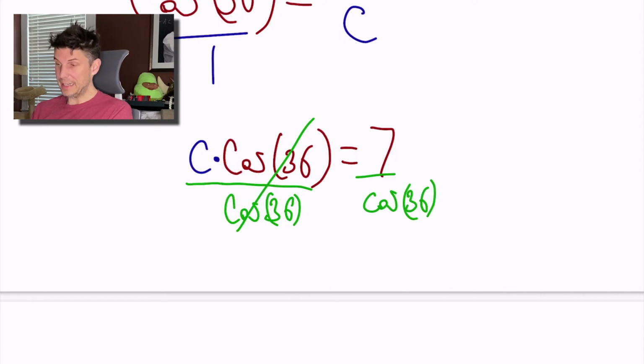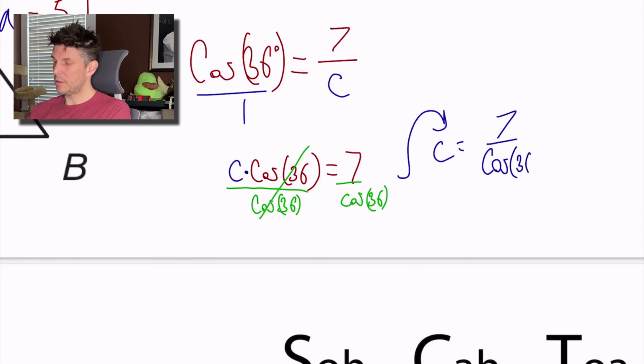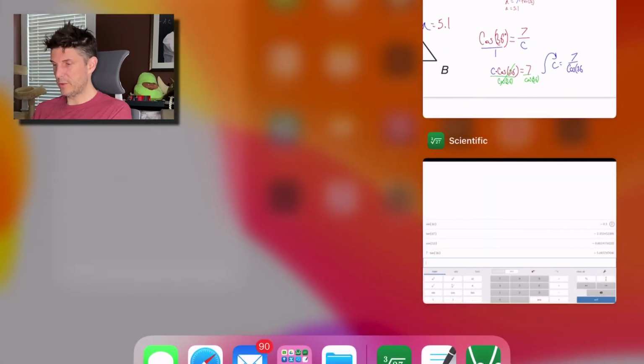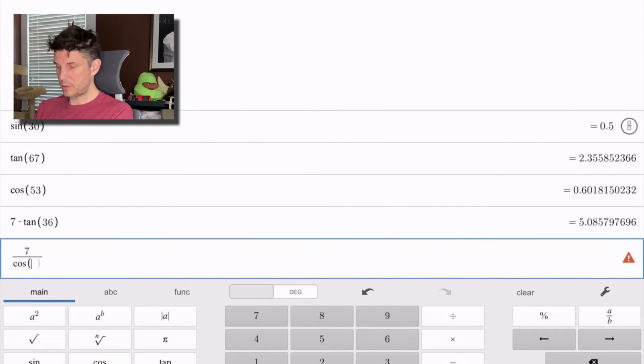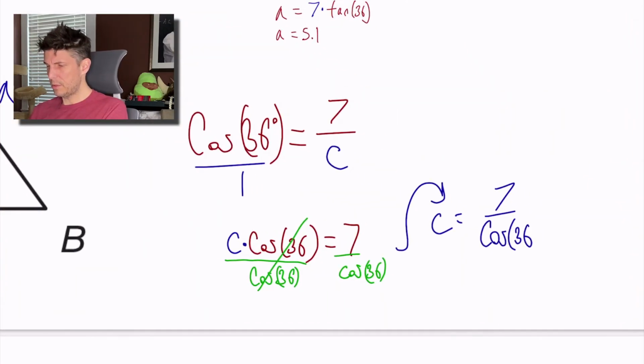And so C is going to equal 7 divided by the cosine of 36. Lovely. Let's plug that into our calculator. 7 divided by cosine 36 is 8.652 blah, blah, blah. But like I said, 8.7 will suffice because this is our final answer. This is about 8.7.